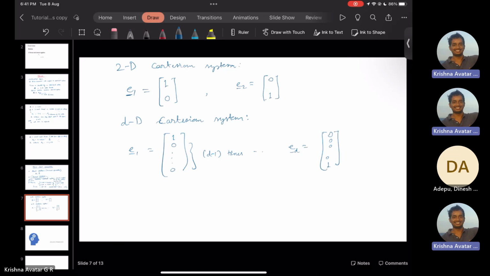So this is the reason why the canonical basis is taken to be the Cartesian coordinate system.